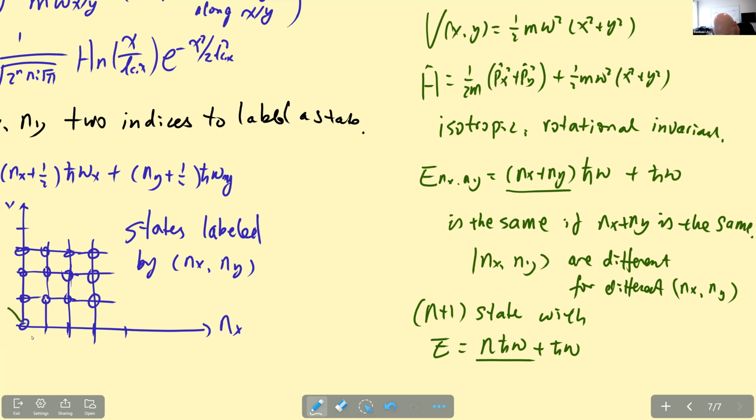So that means this state has one energy, these two states have the same energy, these three states have the same energy, these four states have the same energy, these five states have the same energy, and these six states have the same energy. Okay, so on and so forth.